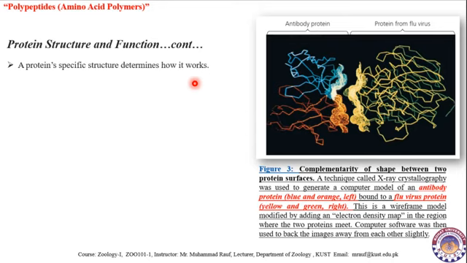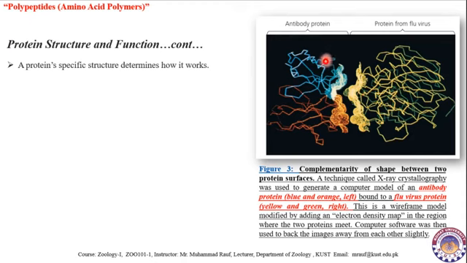On one side you have an antibody. Antibodies are proteins which are produced by the immune system against the invading pathogens. On the other side you have a flu virus. This is a protein from a flu virus.